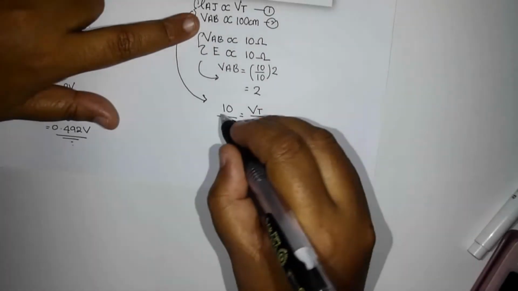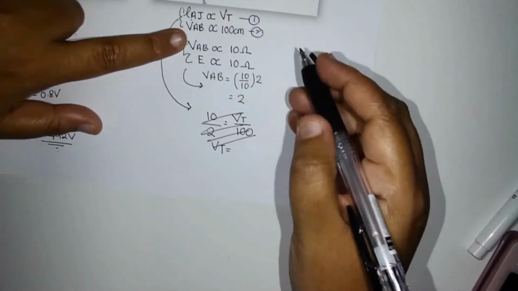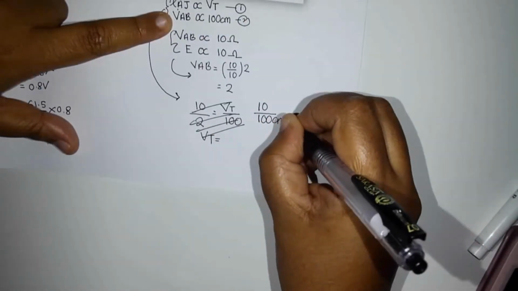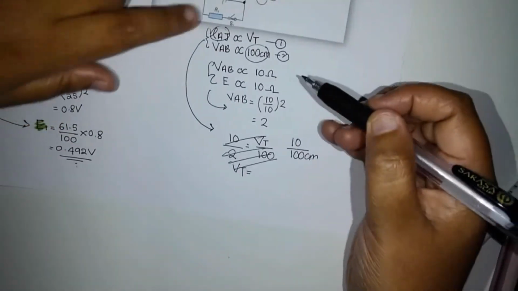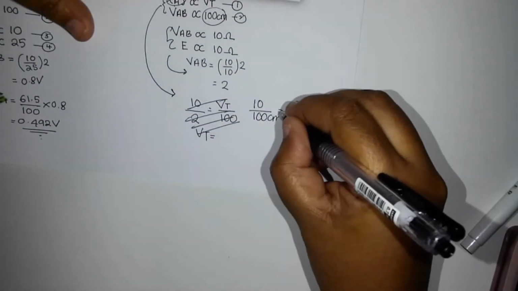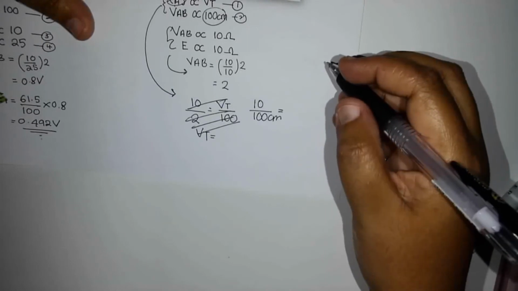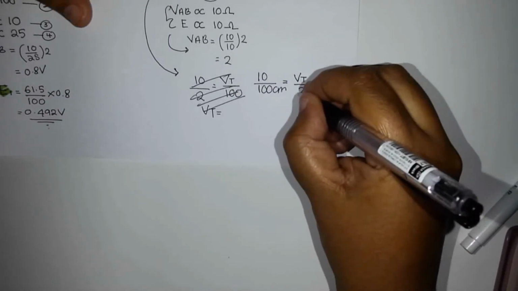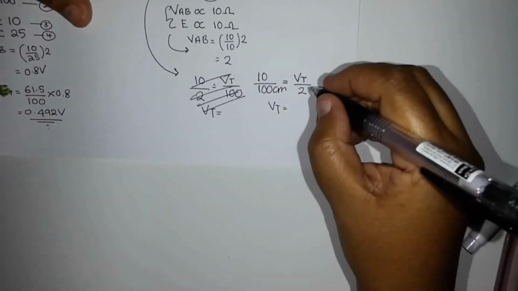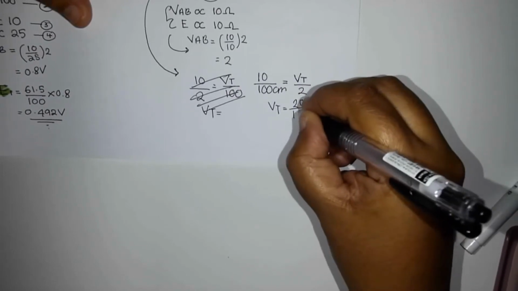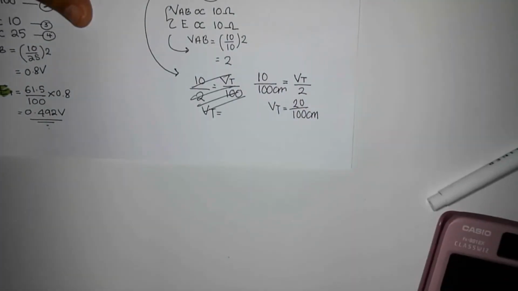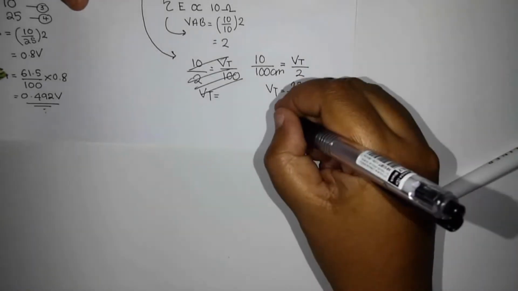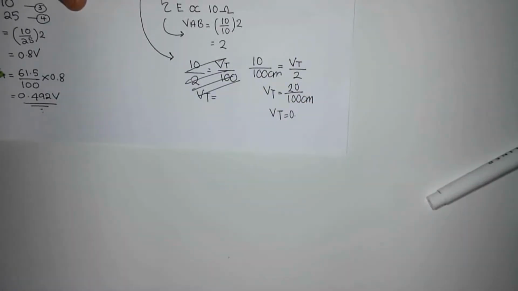Oh, sorry. LAJ is 10 over 100 cm, because this one is length, this one is length, so this length is over this length, is equals to VT over VAB. VAB is 2, so VT is equals to 20 divided by 100. So VT is 0.2 volt.